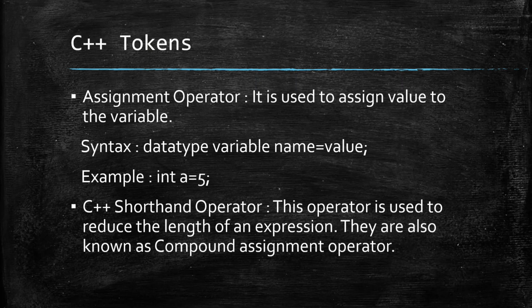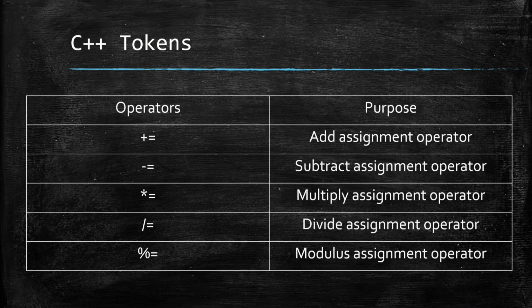So instead of writing a lengthy line of expression, we are going to reduce the length of the expression by using this shorthand operator. And they are also known as your compound assignment operator. So now we will understand why it is known as compound assignment operator. So these are my shorthand operators, that is plus is equal to, minus is equal to.